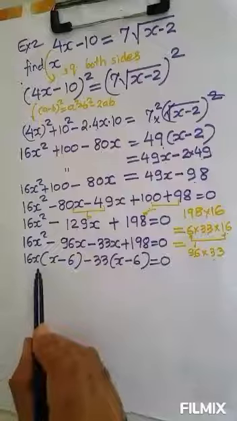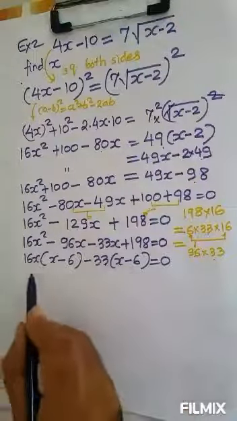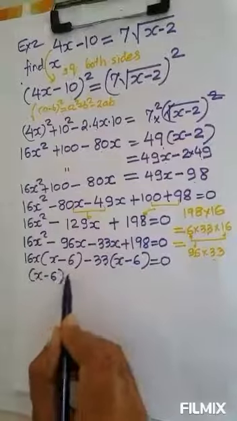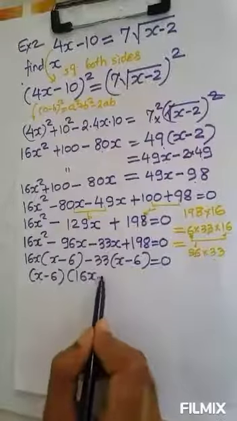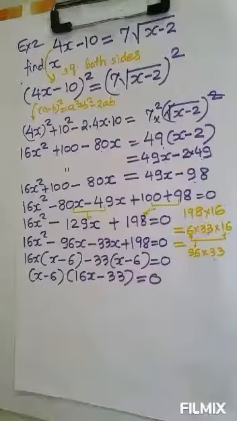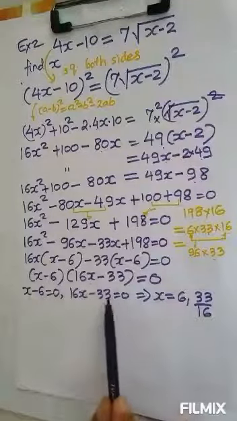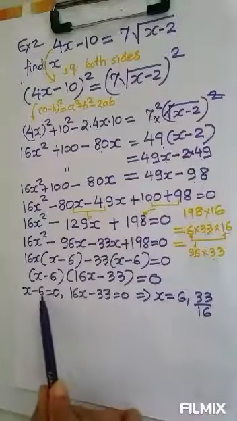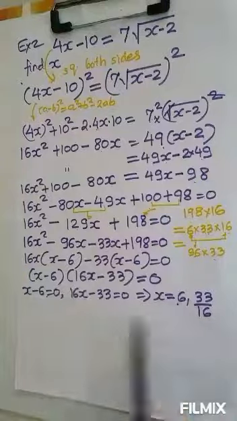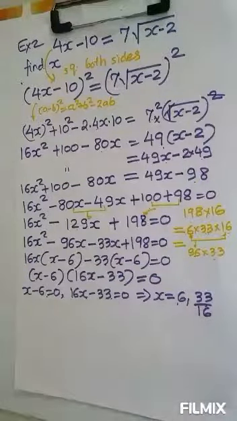Taking 16x common, we get x minus 6, and minus 33 common, x minus 6. So x minus 6 comes out, as well as 16x minus 33, equals 0. That means x minus 6 equals 0 gives 6, and 16x minus 33 equals 0 gives 33 by 16.